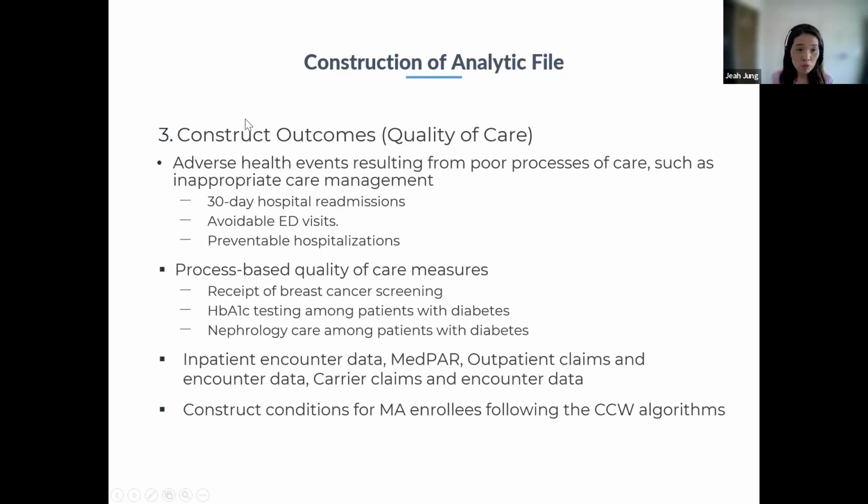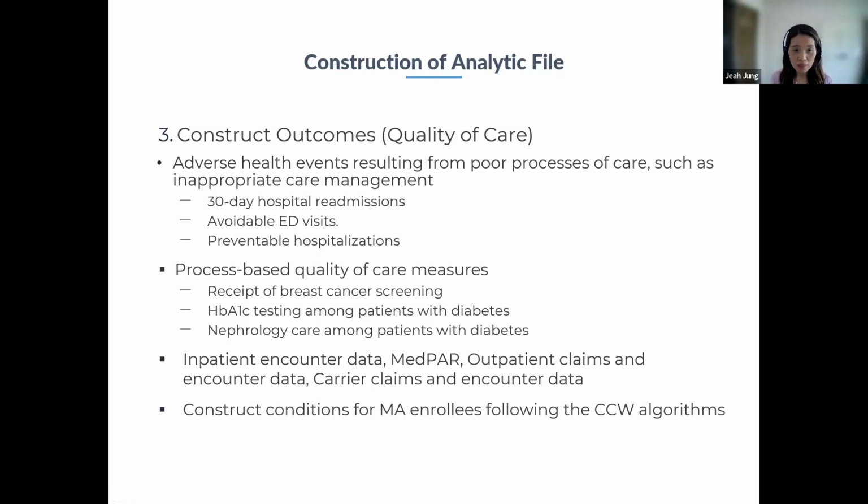But if we look at only these events, these are all negative, right? These are adverse events. But if we see some reduction in these adverse events in MA, we were a little bit concerned that it might simply capture restrictive utilization management.